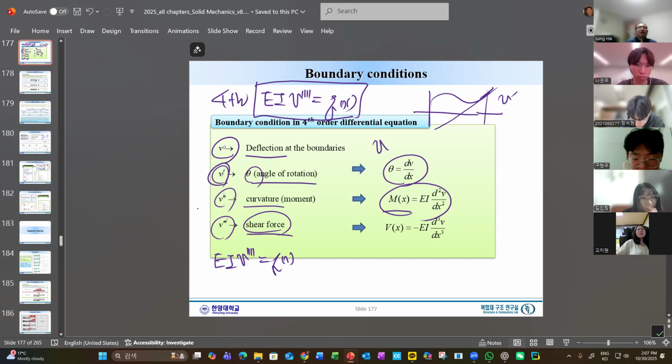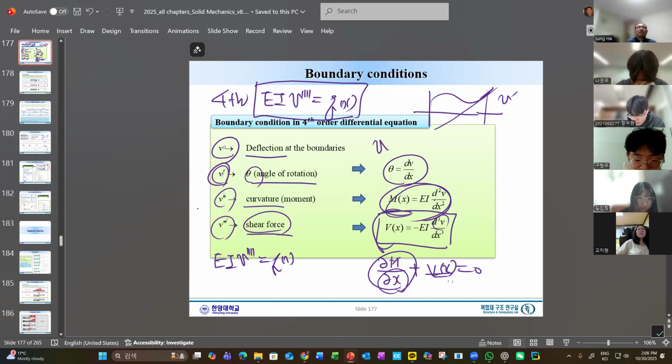Well, in the equilibrium condition, we already know the moment derivative. Once we have this moment, we put it here. The V will be triple prime because this is the second derivative. We have one more derivative giving us the shear force. So the shear force is given like this, V triple derivative.